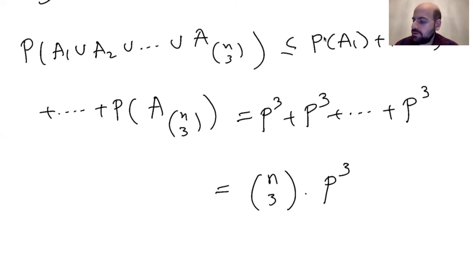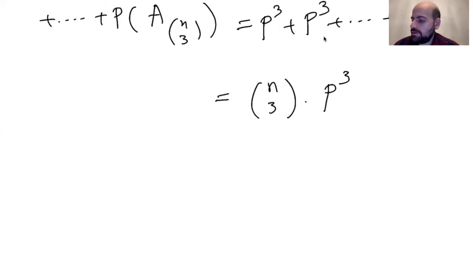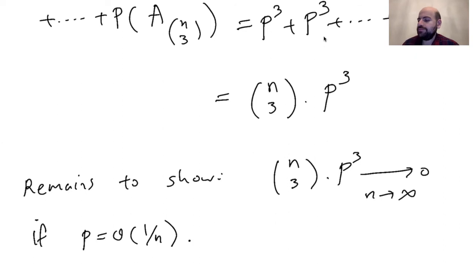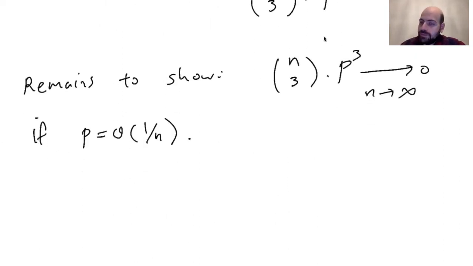So it remains to show that n choose 3 times p cubed goes to 0 as n goes to infinity if p is small o of 1 over n.